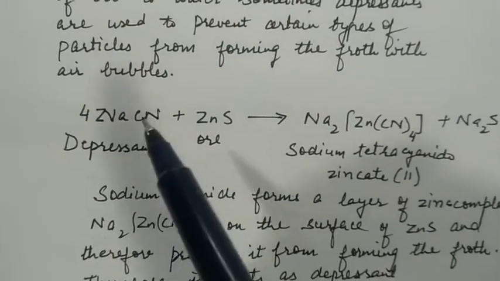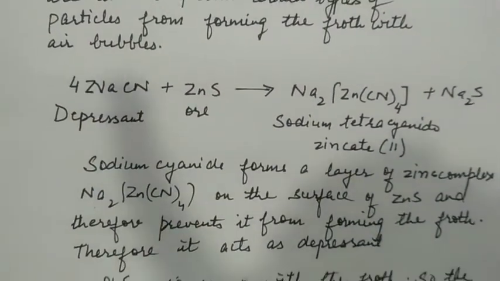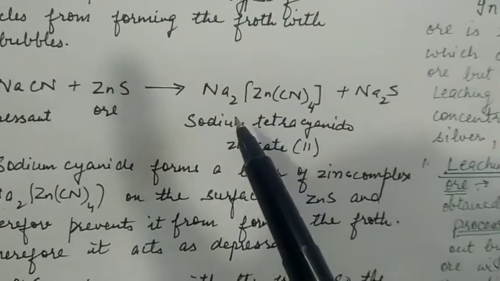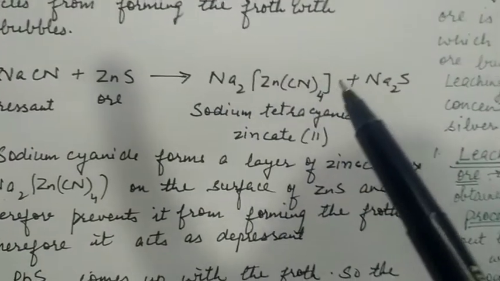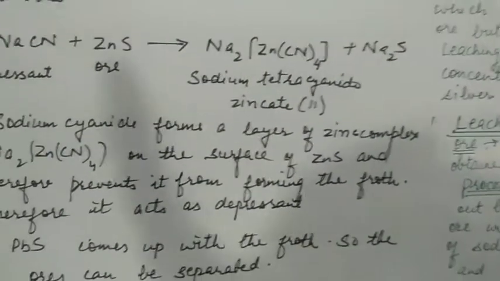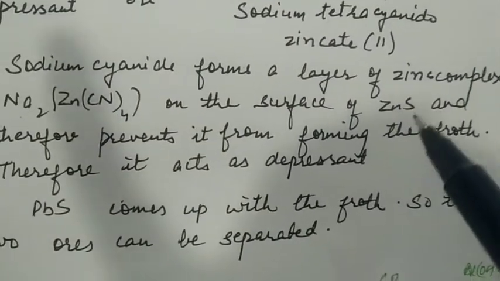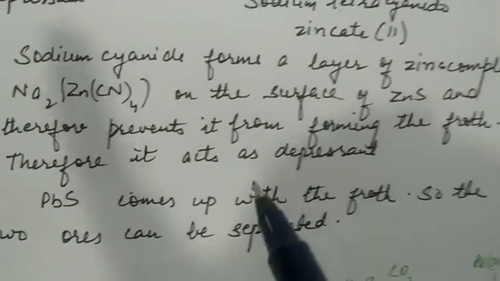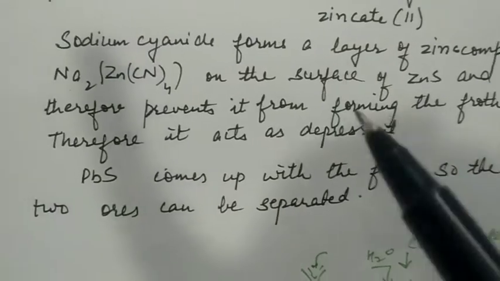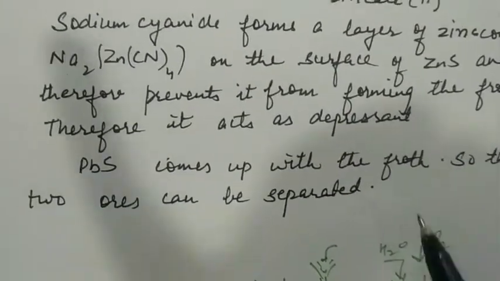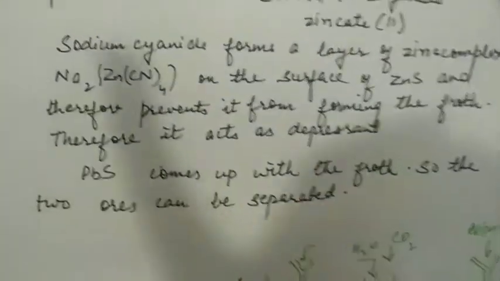So when sodium cyanide is mixed with the sulfide ore, zinc sulfide forms a soluble complex, sodium tetracyanozincate. This forms a thin layer on the surface of zinc sulfide. So zinc sulfide is not able to form the froth. So sodium cyanide acts as a depressant. But lead sulfide comes up with the froth, so the two ores are separated.